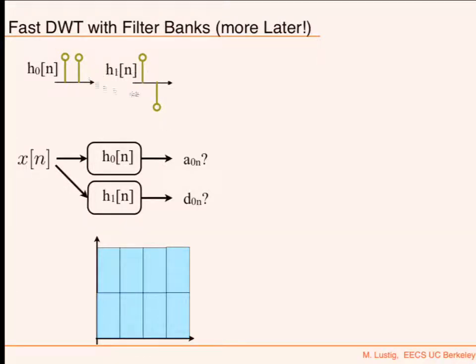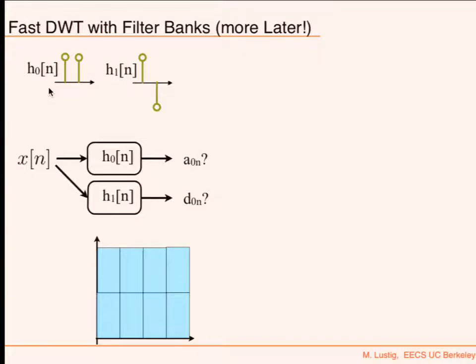Okay, so now we have H0 and H1, where H1 corresponds to the mother wavelet, or the detail coefficients, and H0 would correspond to the approximation. What I could do, if you think about this, is that before, it was kind of shifted versions of this kernel, where you multiply and add.